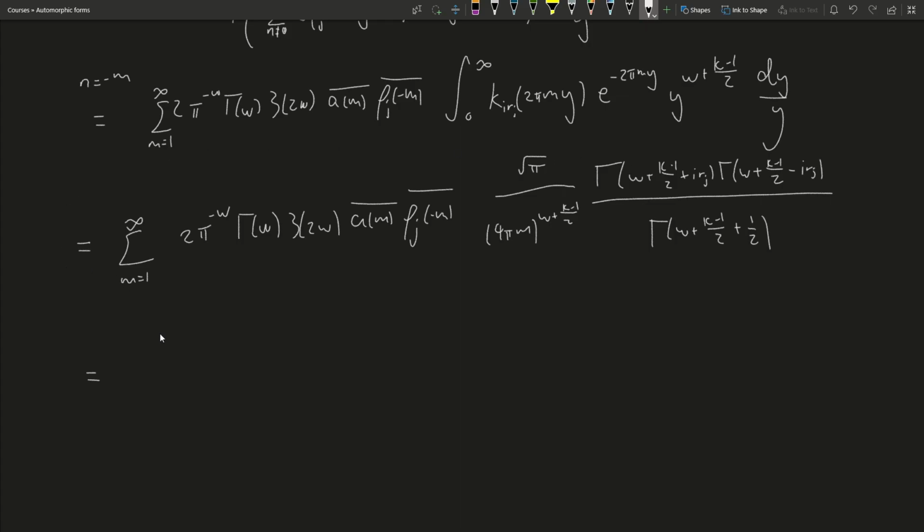Again, we're quite lucky that there's so much stuff that doesn't depend on m, and we get that this is 2 square root pi times pi to the minus w gamma of w zeta of 2w over 4 pi to the w plus k minus 1 over 2 times our gamma functions.